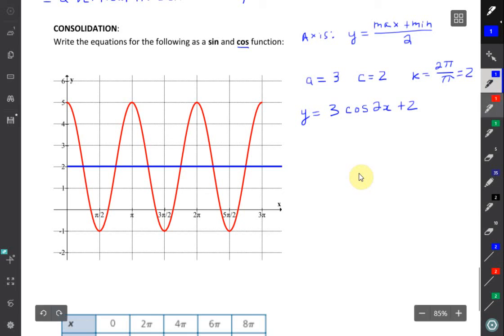Now in terms of sine, I'm going to need a phase shift. So when I'm looking at this function, I'm first of all thinking about a sine function starting over here at 2, a parent function. And I want to translate that sine function on top of this one. So to do that, if I go this far, I'm going to have a reflection.